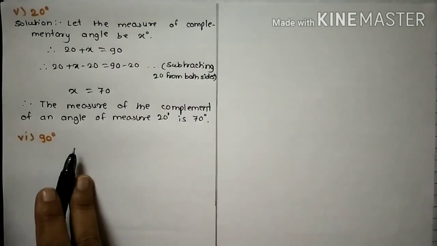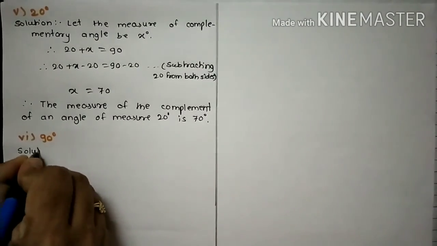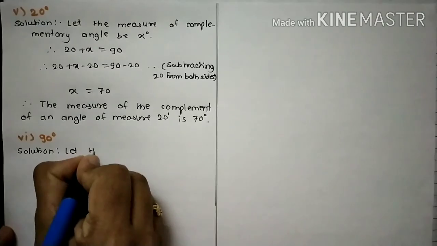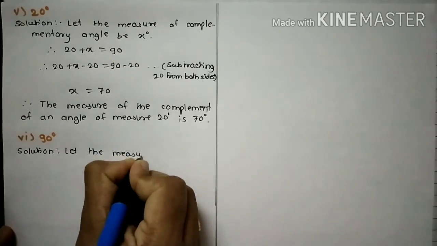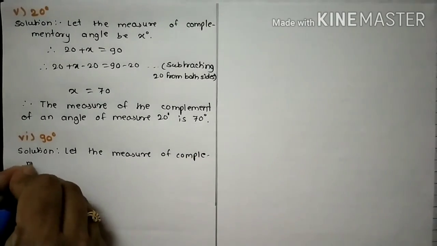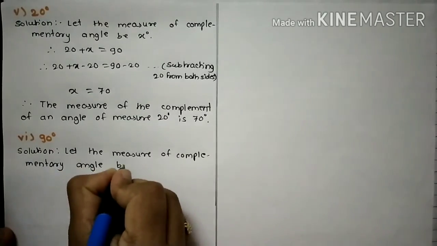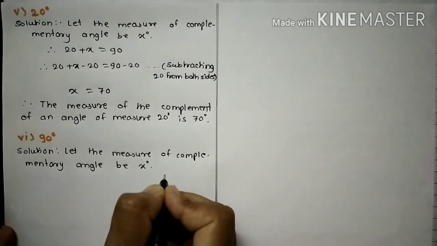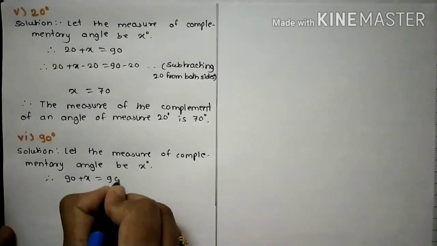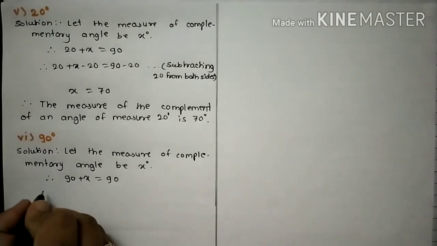Next is 90 degrees. Here we have to find the complement of this angle. So let's see the solution, how to find the complement of this angle. Let the measure of the complementary angle be x degrees. Therefore 90 plus x equal to 90. Now we have to find the value of x. Therefore subtract 90 from both sides.